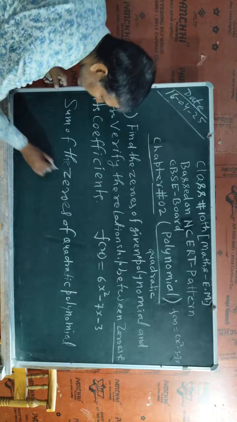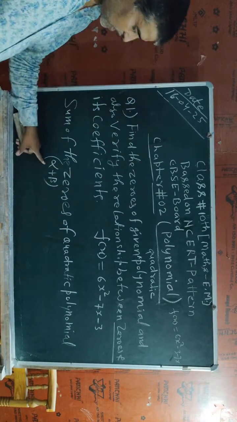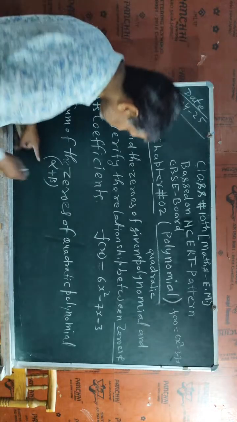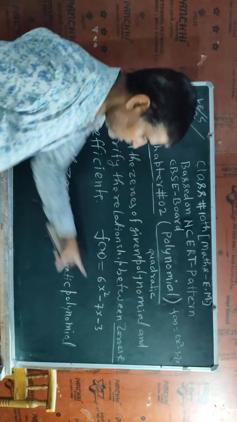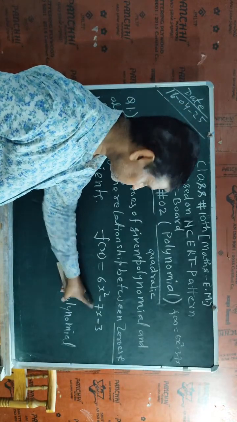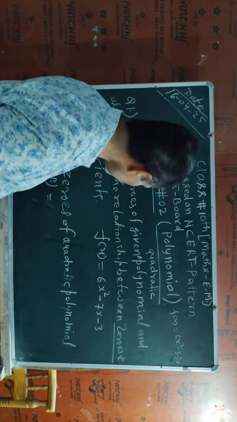It means alpha plus beta, where one zero is alpha and the other is beta. So in the bracket I will write the sum of alpha and beta.